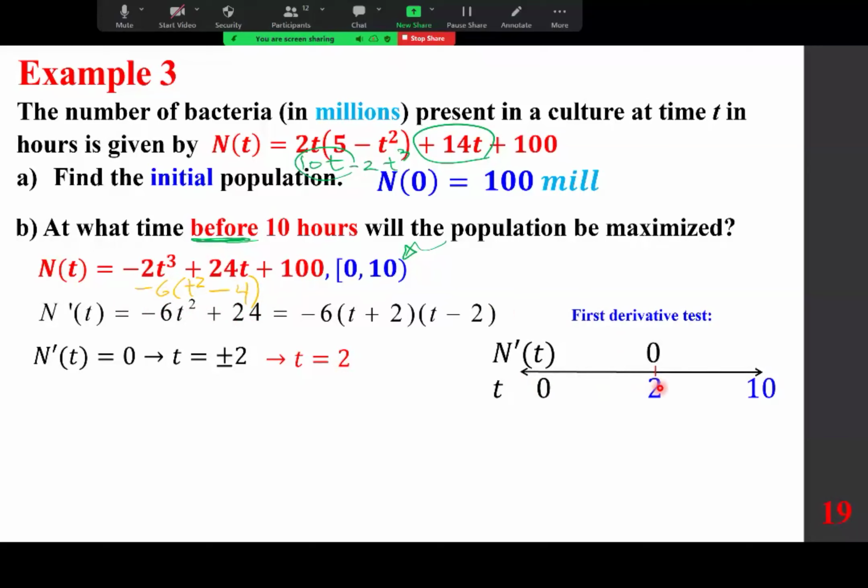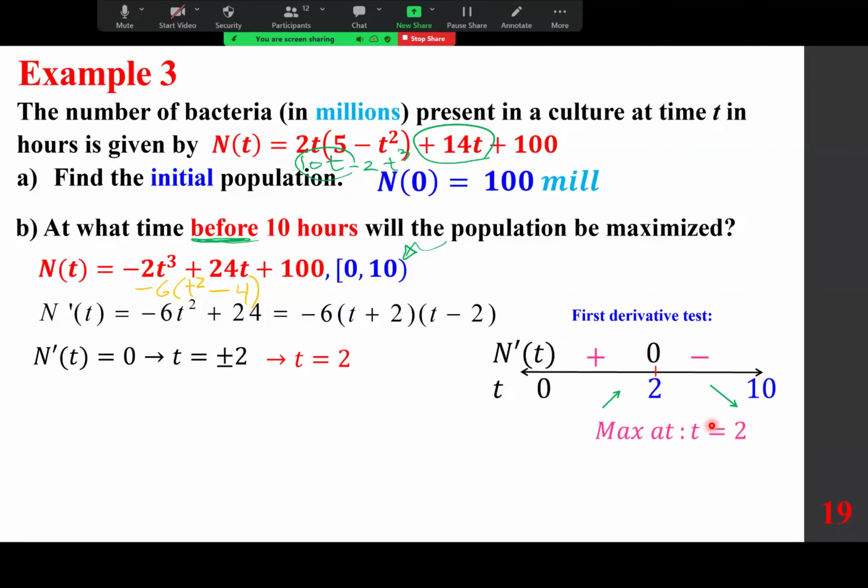Or just plug in to the right 10, or 3 or 4 or 5, anything in between will do the job. If you plug in 10, 100 times negative is negative 600, with 24, it's still negative, so negative 576. Let's throw in the arrows: arrow up, arrow down. So the maximum occurs at t equals 2. This would be the first derivative test.